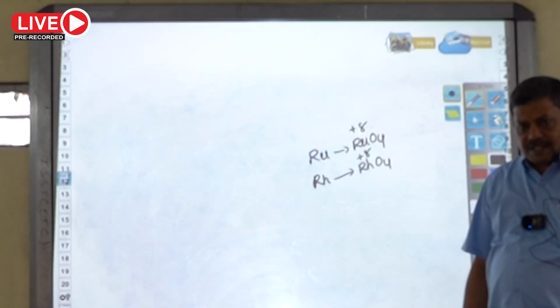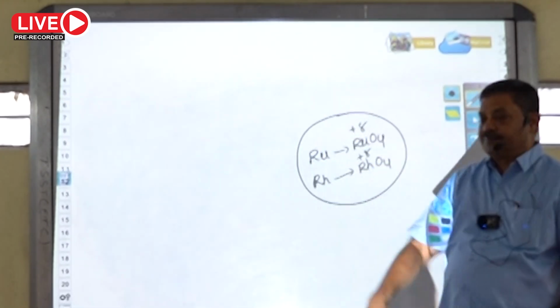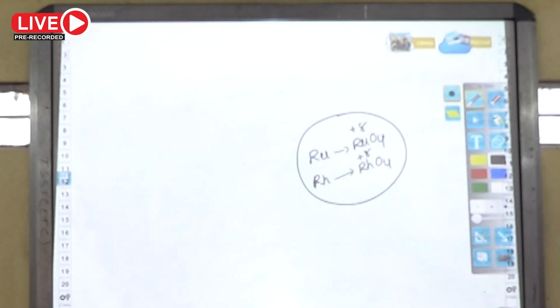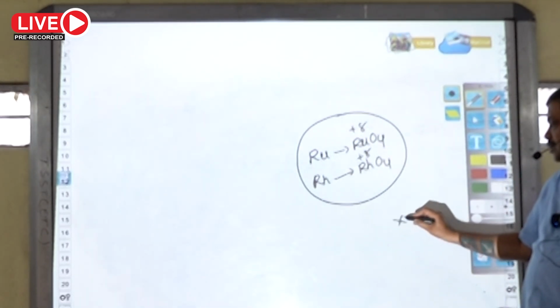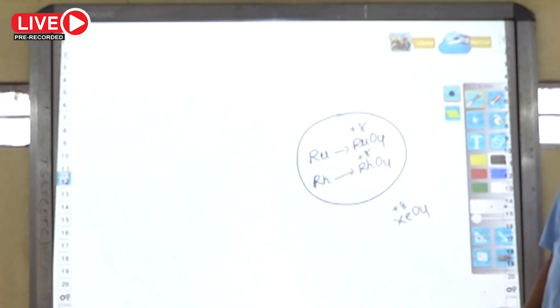The highest oxidation state in the entire periodic table is +8, shown by two d block elements, ruthenium and rhodium, in their tetroxides, and also one p block element, xenon, in xenon tetroxide, also it is +8.